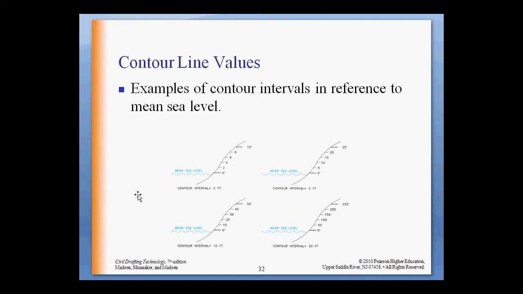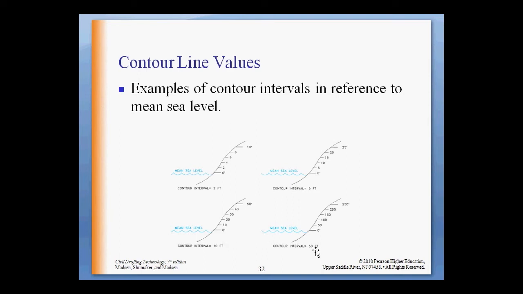The next slide is contour line values and different systems you can use. Okay, here's 2s and 10s. Every 2 feet is an intermediate, and then we have 5s here, which are every 5 feet. Then ultimately you get up to 25 feet. Here you have 10s where every intermediate contour is 10 feet.